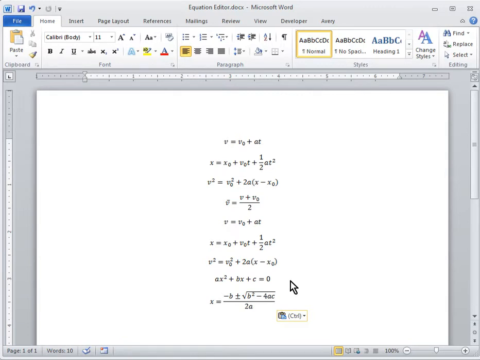Okay, let me state in words what I want you to do for extra credit. Let's rearrange this equation up here, the x equals x0, etc., in the form of the quadratic formula.